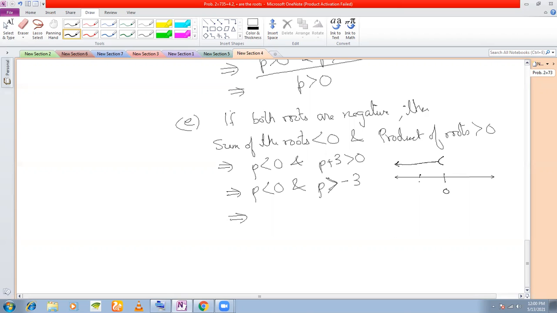So -3 is somewhere over here, and p is greater than -3 means you have it here, right? So which single condition will say that both the conditions will be satisfied?